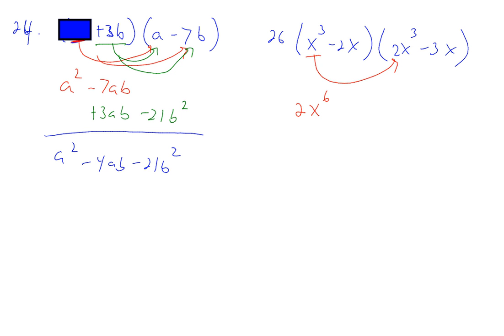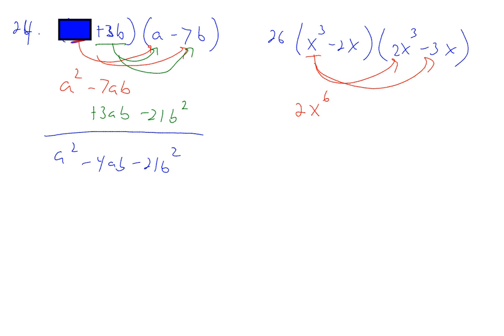Because again, 3 plus 5 is 8, but 3 times 5 is 15. 2x cubed plus 3x cubed is 5x cubed, but 2x cubed times 3x cubed is 6x to the 6th. It's different, adding and multiplying. You have to keep that straight. So that's a 2x to the 6th.